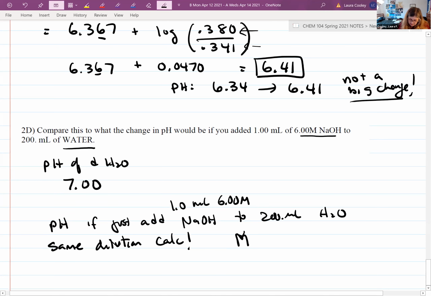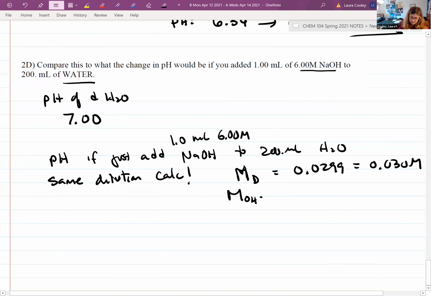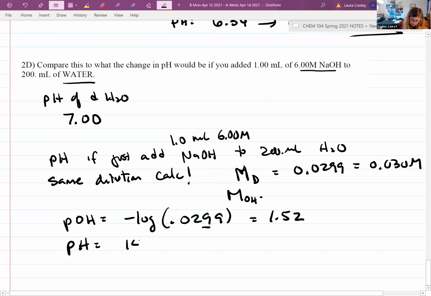So the molarity, MD, which is the molarity of the OH minus, is 0.0299 or 0.030 molar. And so the pOH is the negative log of that, which is 1.52. And so the pH is 14 minus 1.52. Notice that was what the pH was in the previous example because we added the same amount of acid. So this comes out to 12.48.